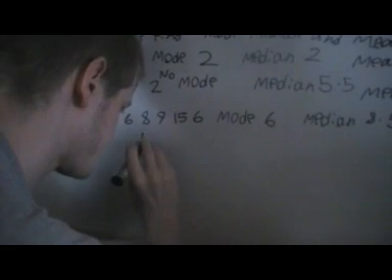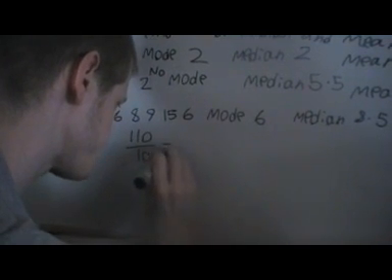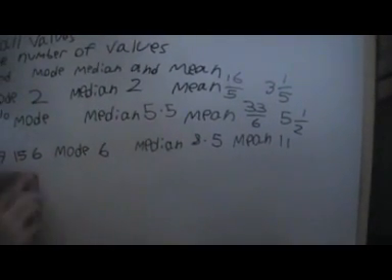According to the calculator, that comes out as 110. And I've got 10 numbers, so we're dividing that by 10. So the mean then is 11, if I've done my calculations right. But whether I have or not, that's still the right method.